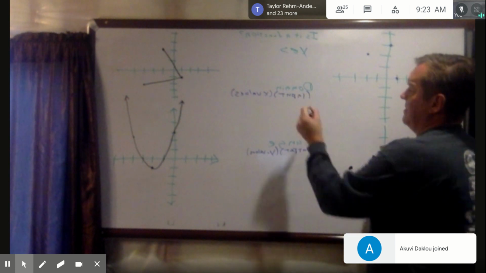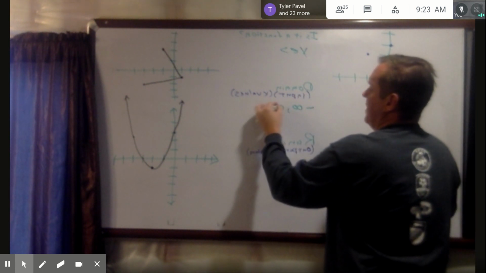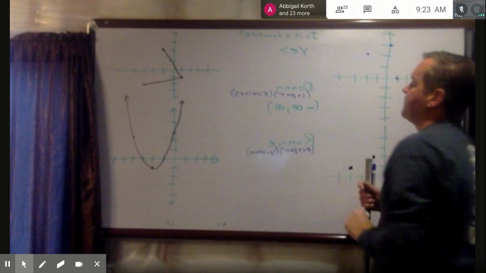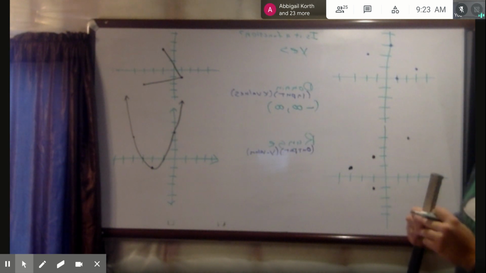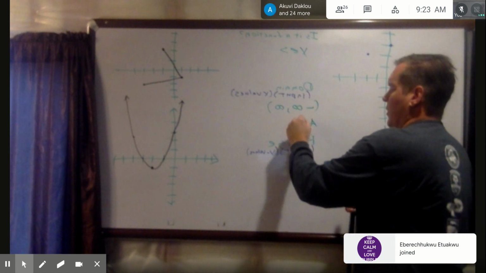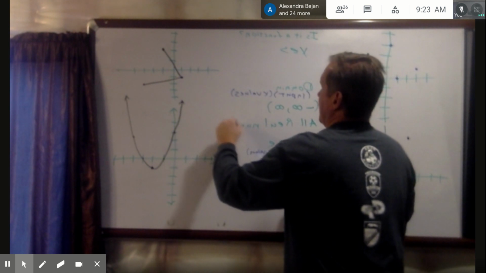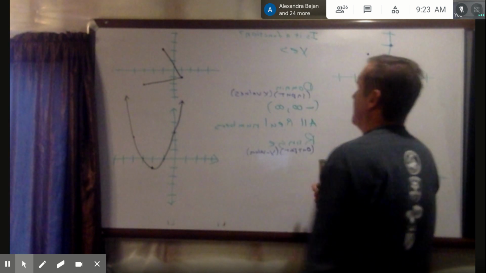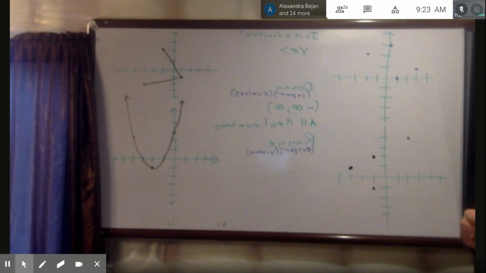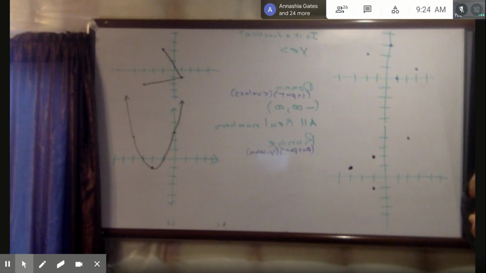The domain, you can write it as an interval, negative infinity, comma, infinity. And once again, we use parentheses for that. Or you can say all real numbers. Okay. There is no inequality version of that. Interval or the word all real numbers.